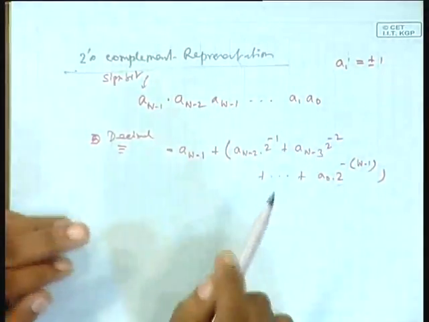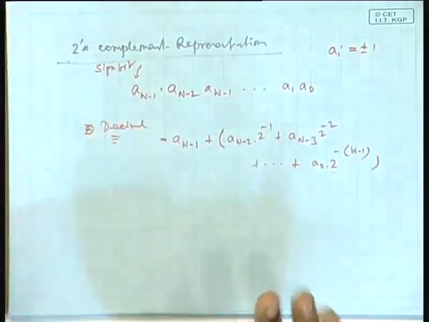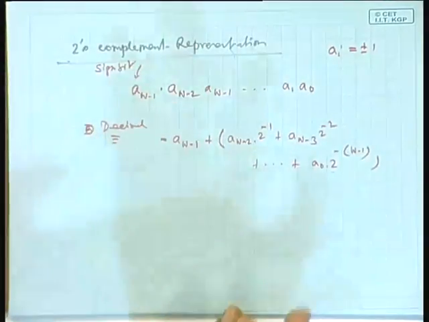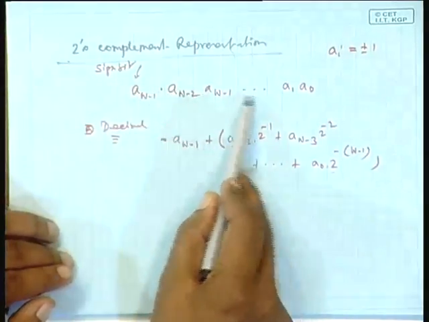So by this definition I am covering a range. What is the range? A range of numbers, a discrete set of numbers in a range. When the sign bit is 0, how much is it? 0.111111.